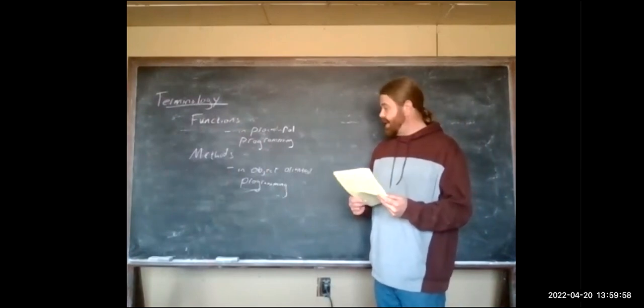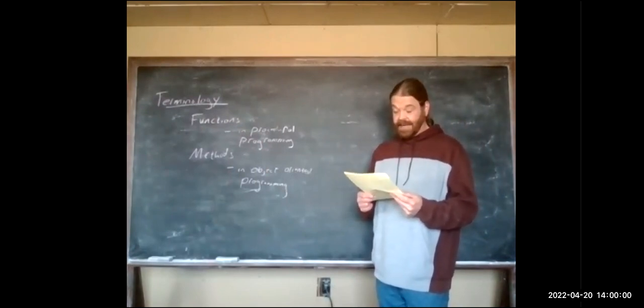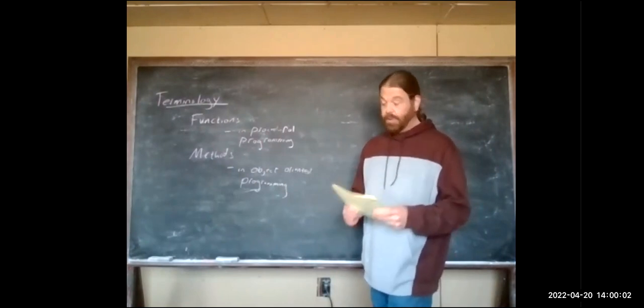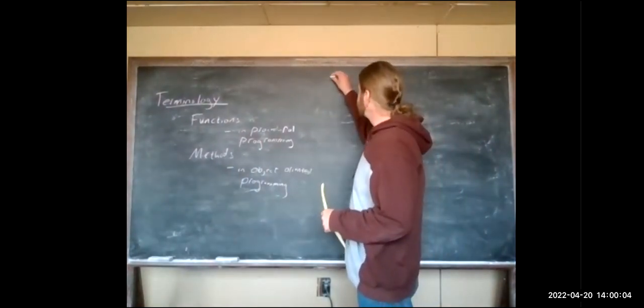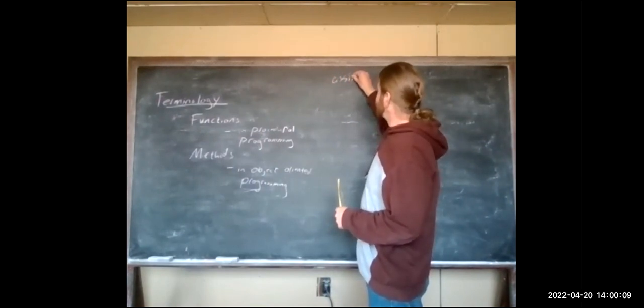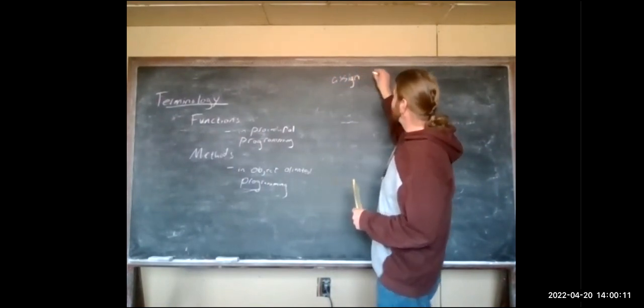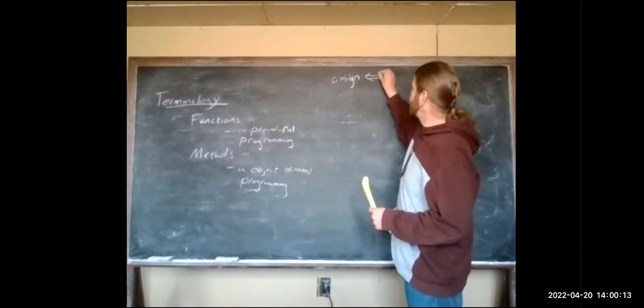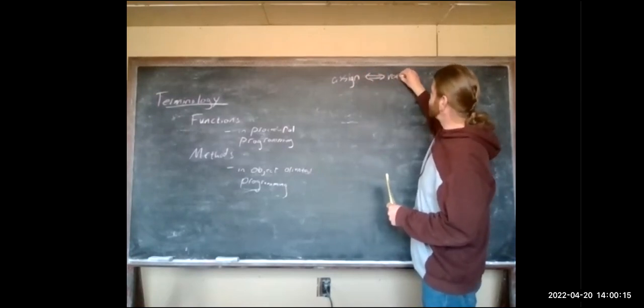So much akin to how we assign a value to a variable, we define a function. I'll write it up here like a comparison. So assign is the word we use for variables.